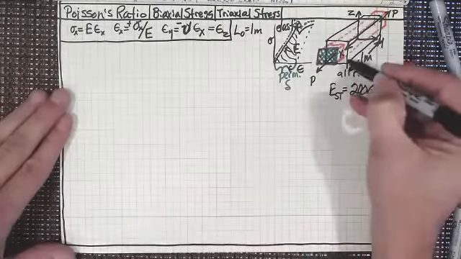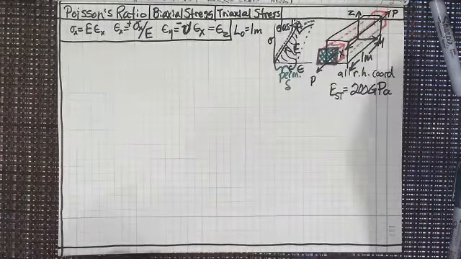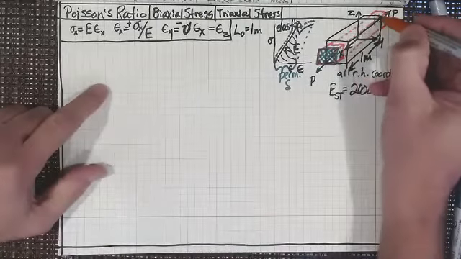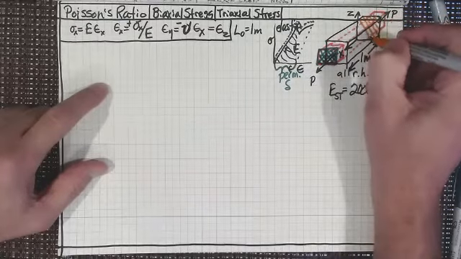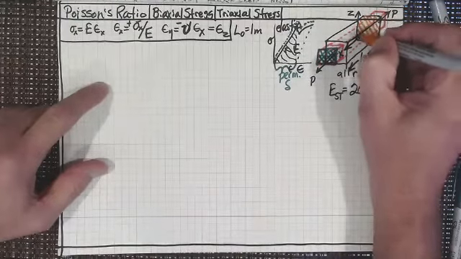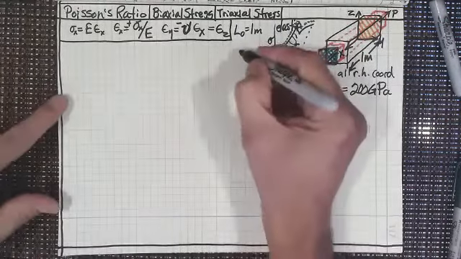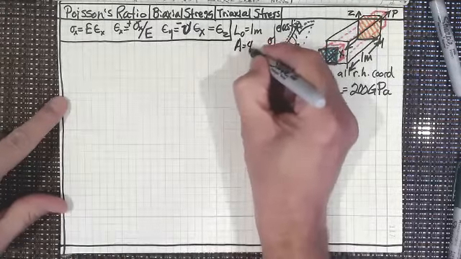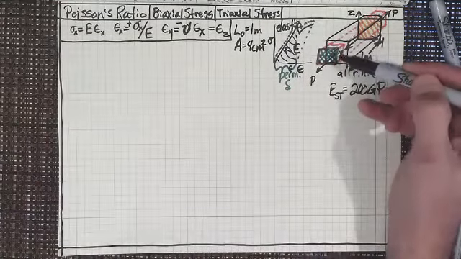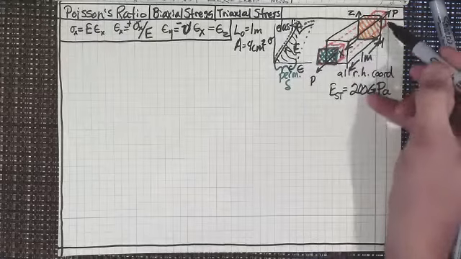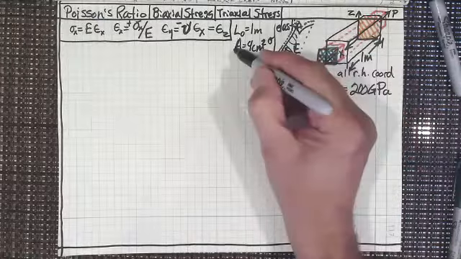My original cross section, which would be this larger square up there, I'll do it in orange, is going to be 4 square centimeters. That would be 2 centimeters by 2 centimeters if you wanted to make this square. So 4 square centimeters is my cross-sectional area.